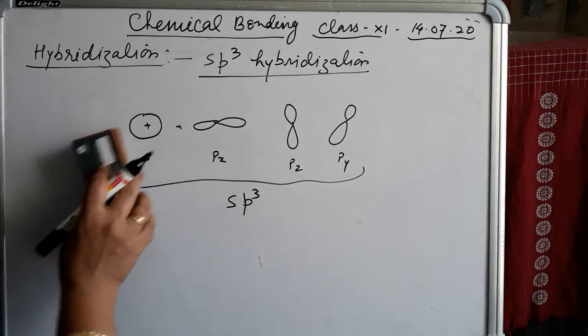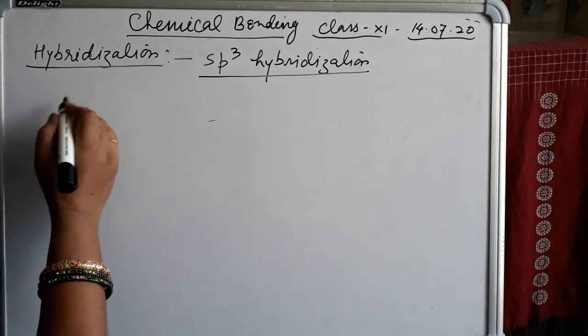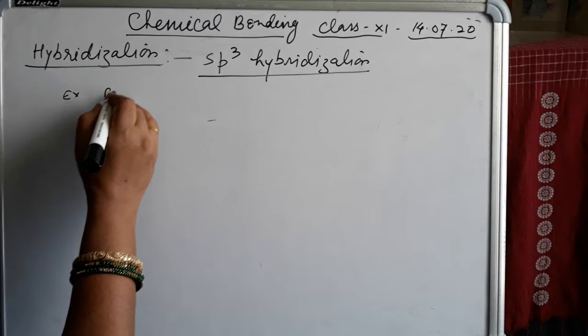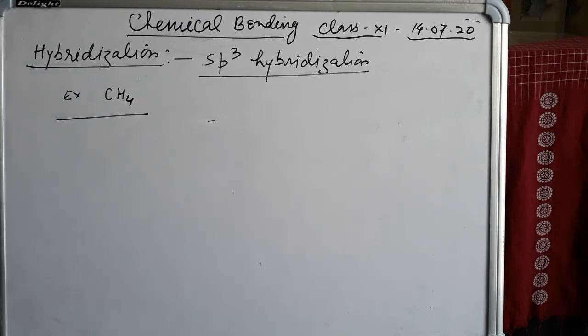Let's see an example of sp3 hybridization. The most common example is carbon, in which hydrogen is methane. At first we see the hybridization of carbon in the ground state.